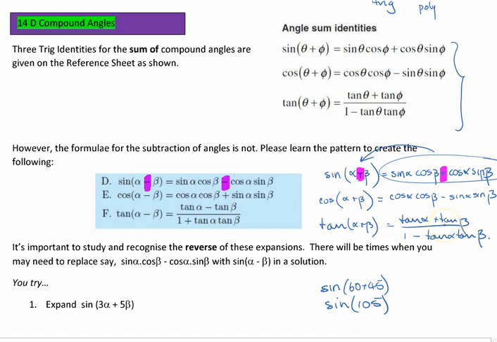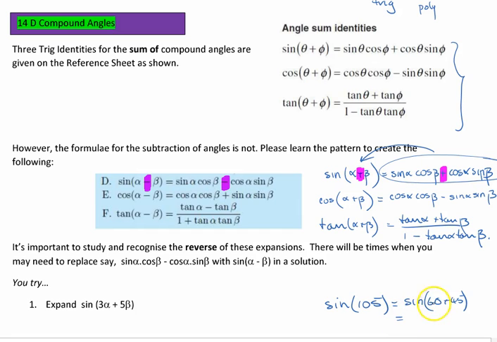Let's say the question was, find the exact value for the sine of 105. Now, you might go to your calculator and it's not going to give you the exact value. So what you do with this sort of question is you say, well, sine of 105 is the same as the sine of 60 plus 45.